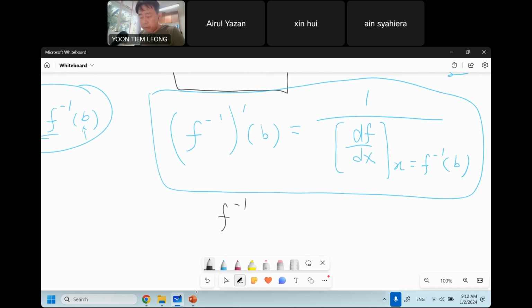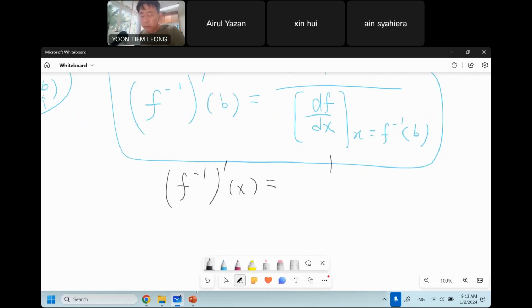So in general, the derivative of the inverse of the function at any value of b or any value of a, sometimes people write this simply as x, is simply equal to 1 over the derivative of the function evaluated at x equals the inverse of the function. Okay.